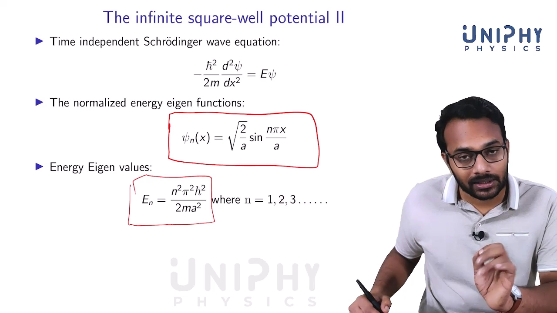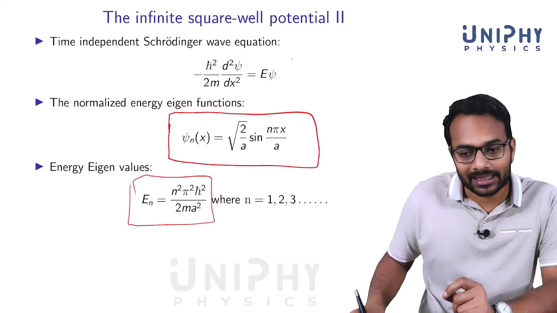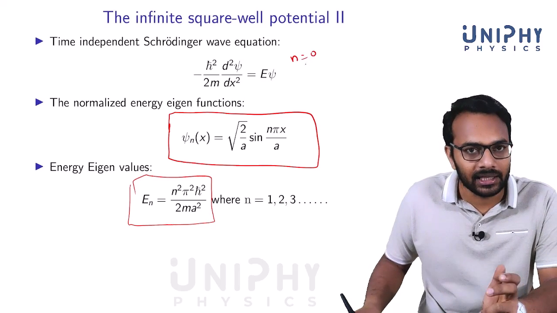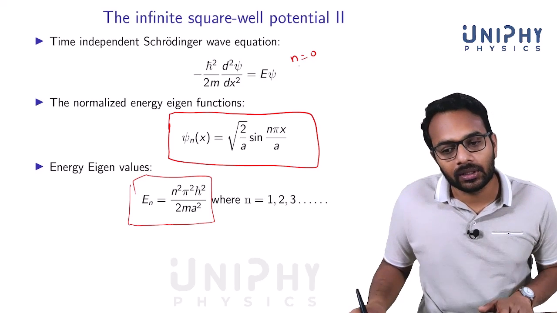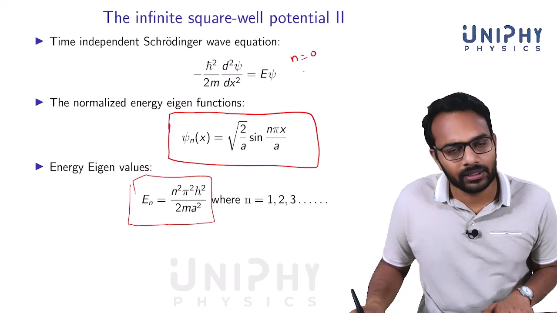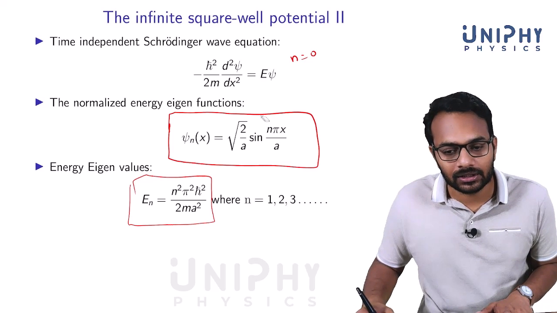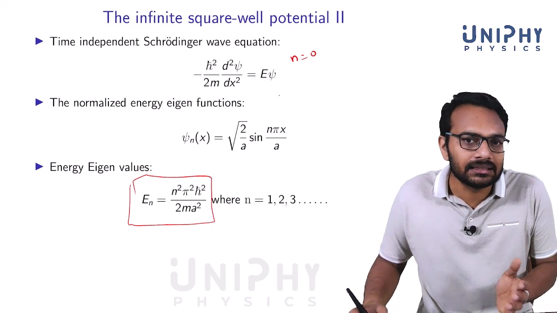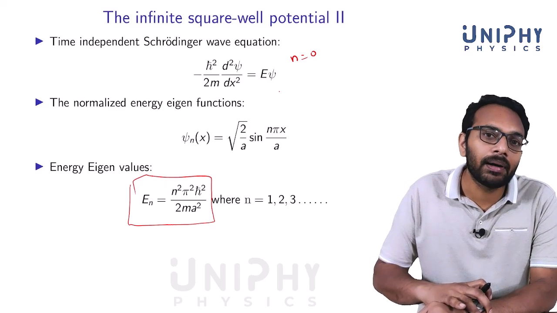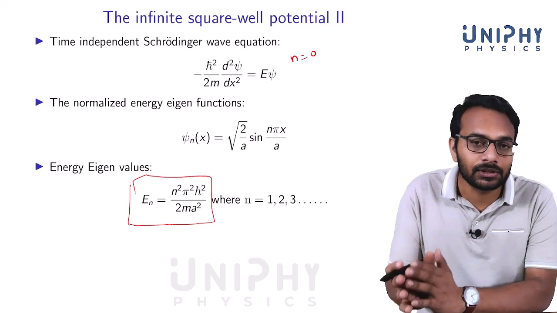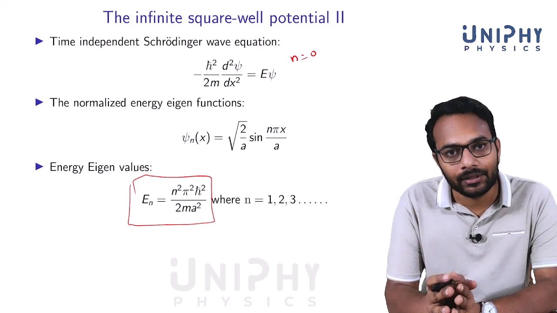One thing to remember here is that in some cases we will have n equal to 0, but in this case we don't. Why not? It's easy to check. You put n equal to 0 in this wave function and you see that the wave function is 0. So there is no particle, no solution corresponding to n equal to 0.